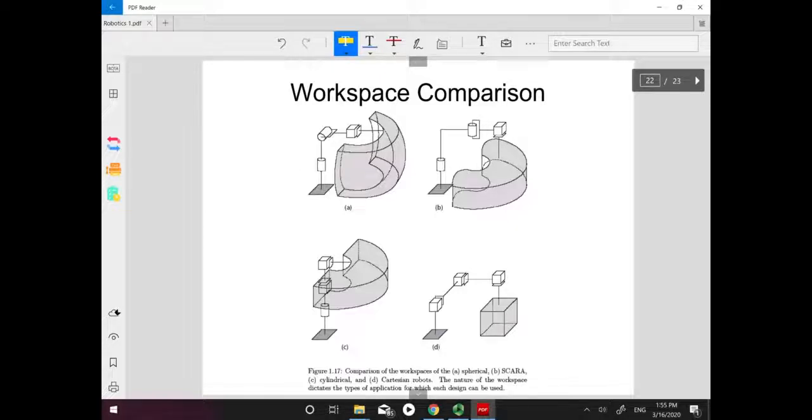This one is RRP. But in this example, the prismatic joint has the translational motion along this axis. It's different from this one that is along this axis. And again, in this example, these three axes of the three joints, 1, 2, 3, are parallel.